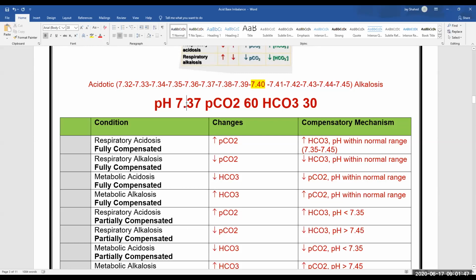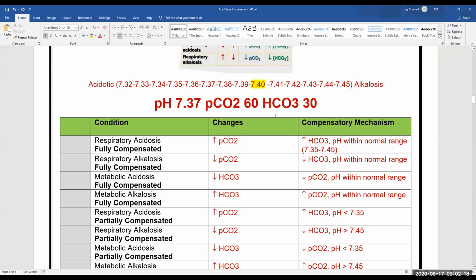But what is it, partially compensated what? Metabolic acidosis? Well, this is higher than 26, so it's alkalosis. What's the normal range for HCO3? 22 to 26. So this is higher, so alkalosis. And by doing this alkalosis, then automatically this is going to go up to balance things out.